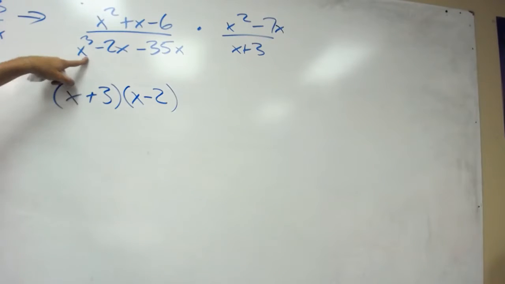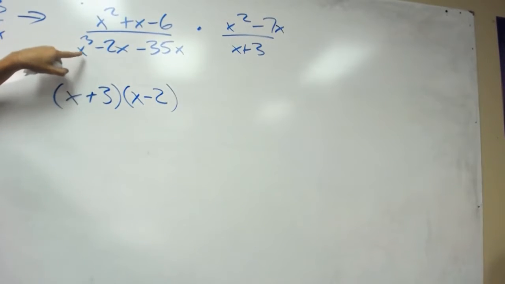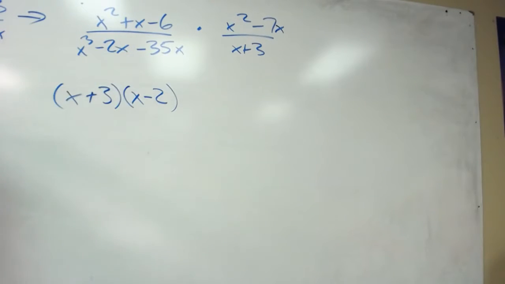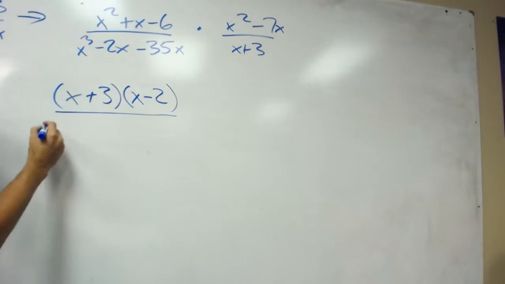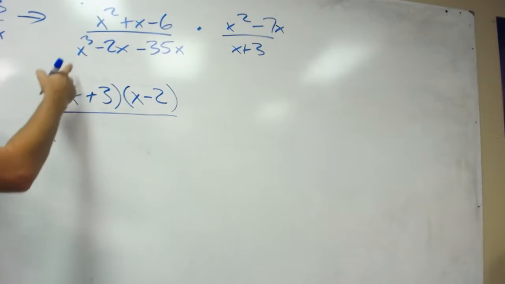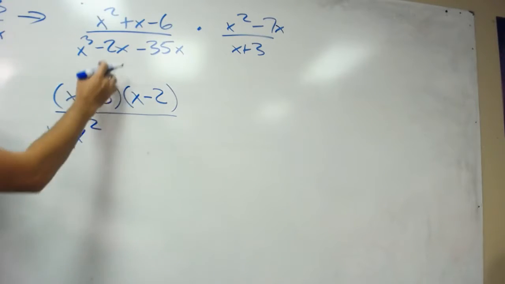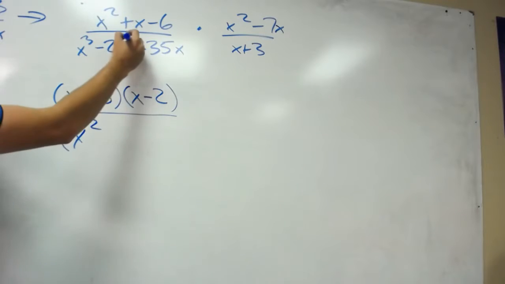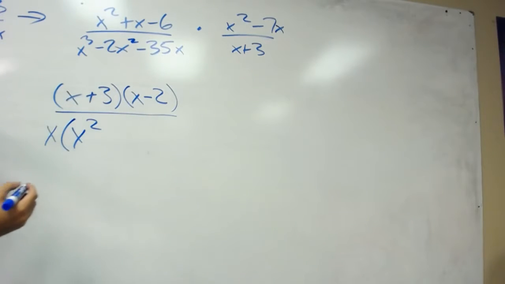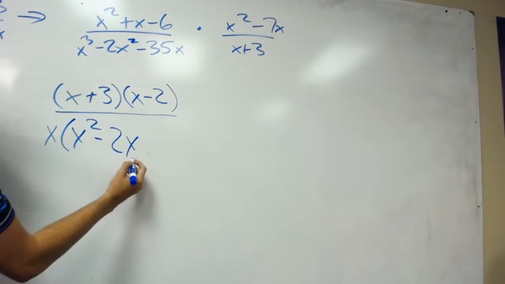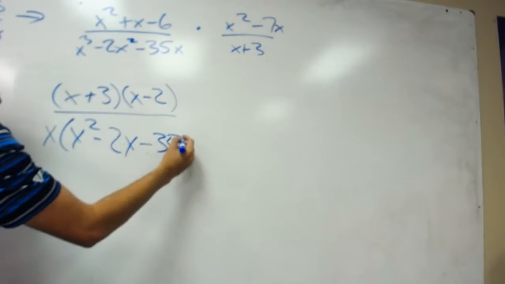Now let's look at this one. All of these have an x in them, so if that's the case, we can take an x out. And when we take an x out of x cubed, we're left with x squared. I think that's a 2x squared, I didn't write that part. Minus 2x minus 35.